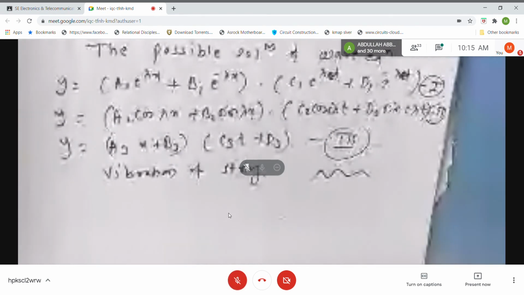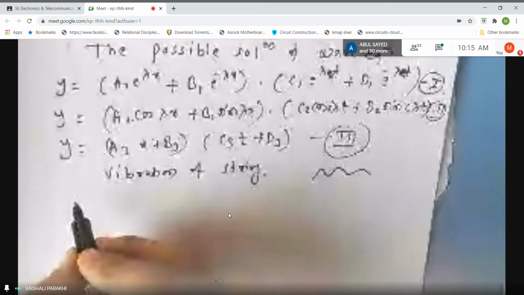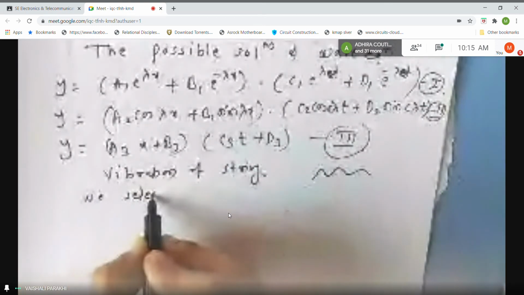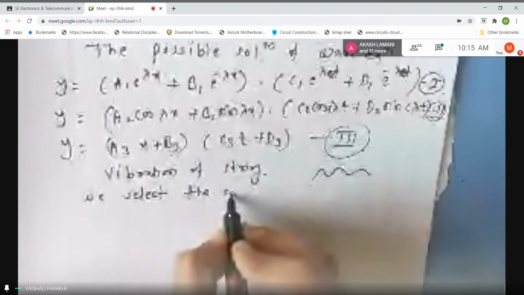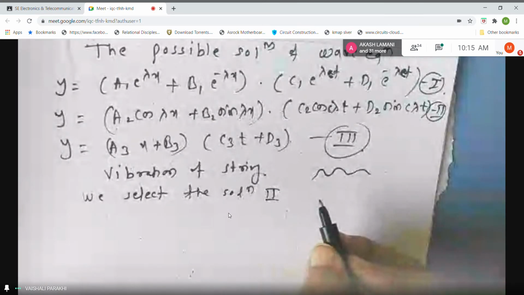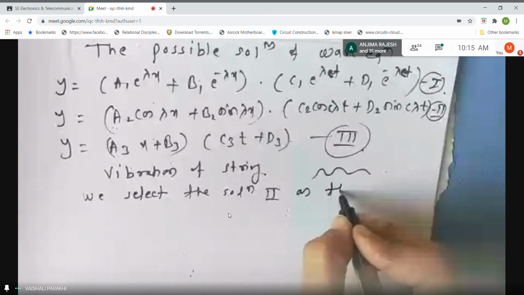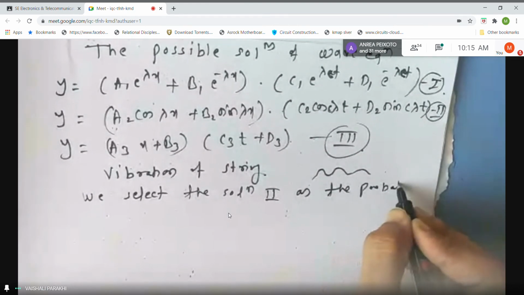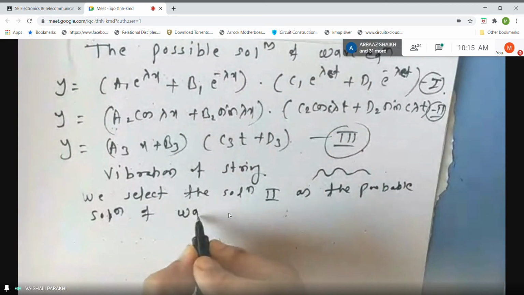So here we select the solution 2 as the probable solution of wave equation.